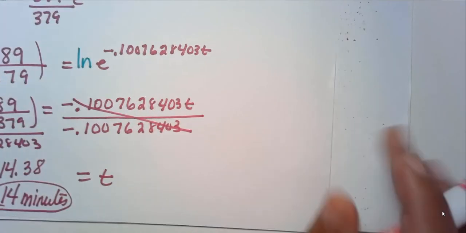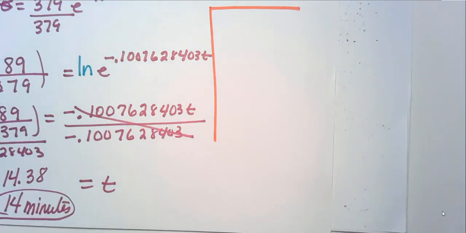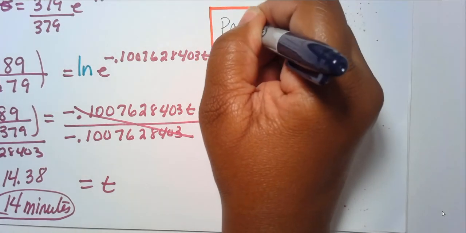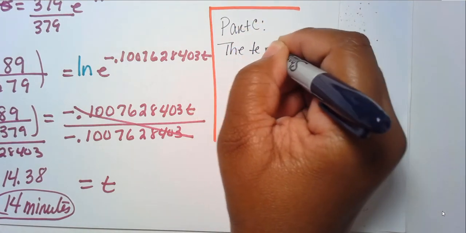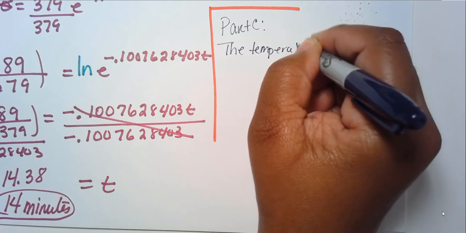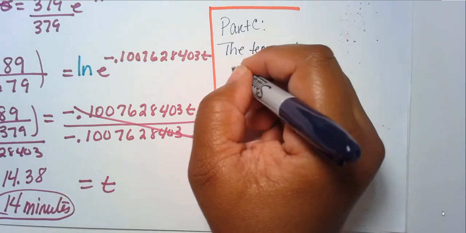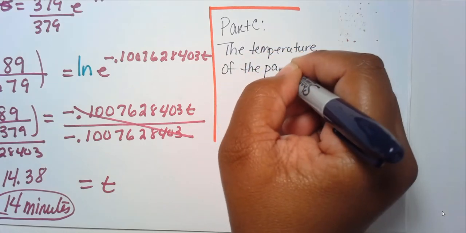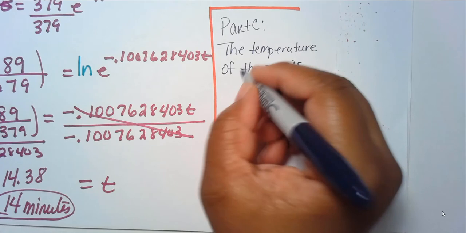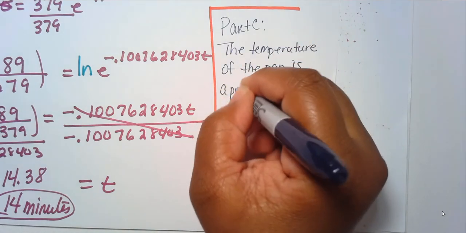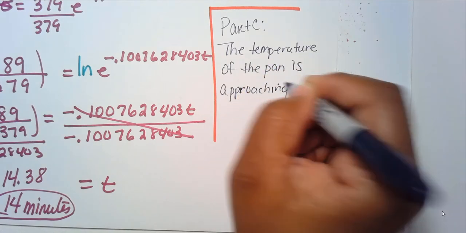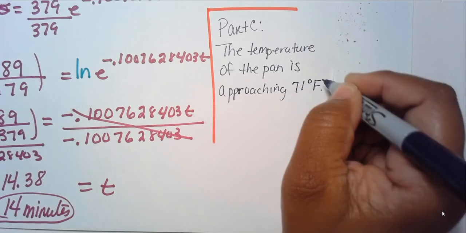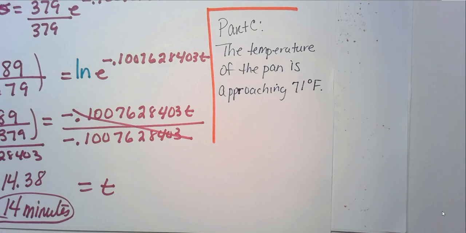This is part C. So for part C, the temperature of the pan is approaching 71 degrees Fahrenheit. And there we go.